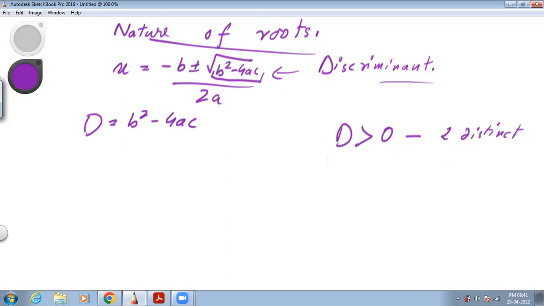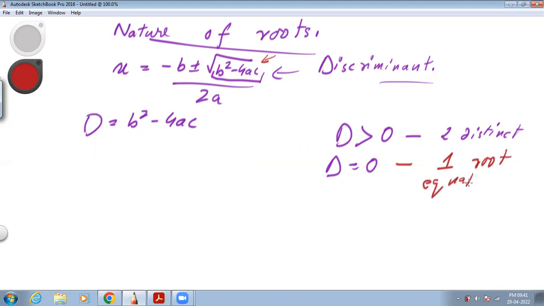Now if the discriminant is equal to 0, then the only solution is minus b by 2a, since the root over b square minus 4ac part becomes 0, so you will plus minus 0 and get the same value. So minus b by 2a is going to be your only root. So if d equals 0, then there is one root, which we also call equal roots.